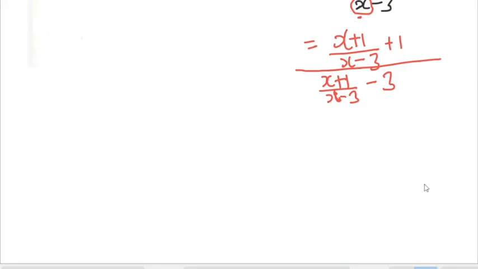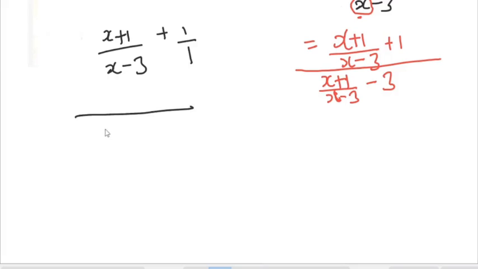All right, from here we can try to work out what we have. We are going to start with the numerator, which is x plus 1 over x minus 3 plus 1. The common denominator is x minus 3.